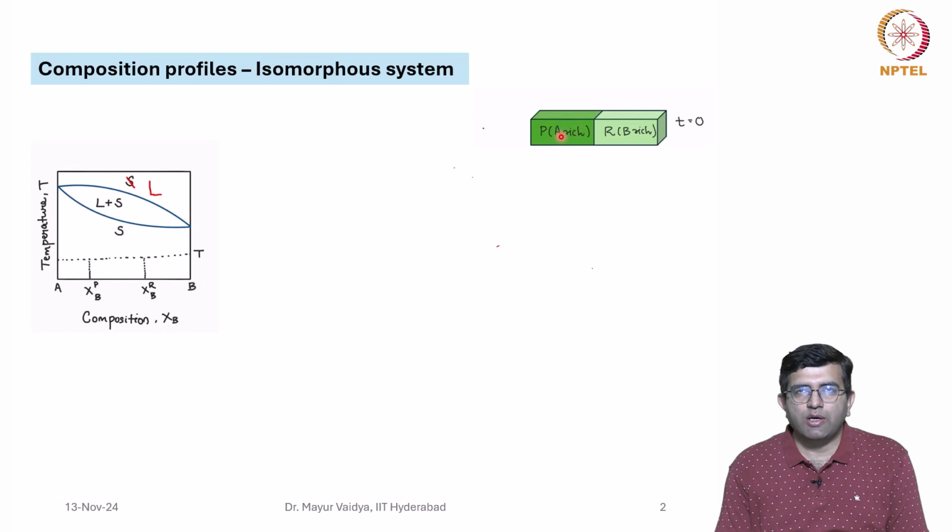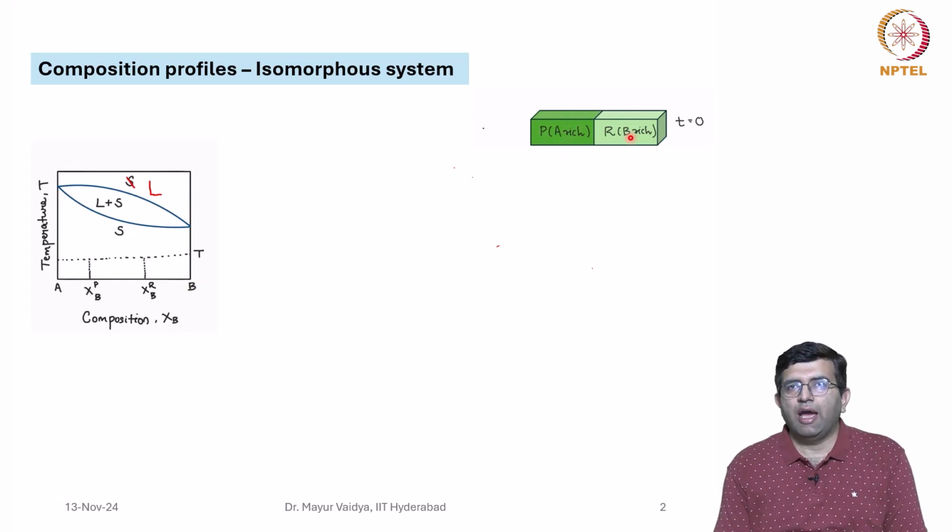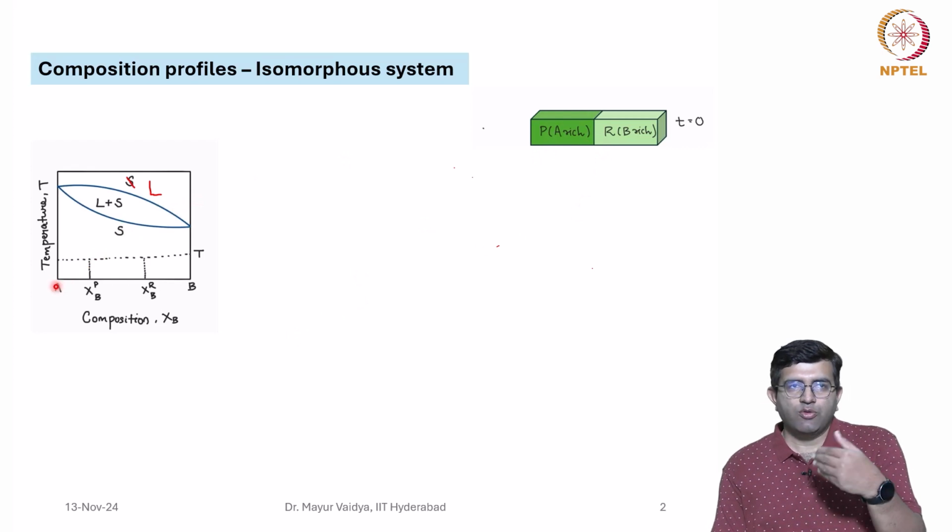This is how it would look. You have alloy P, which is A rich, and alloy R, which is B rich, and we place them in contact at time t equal to 0.